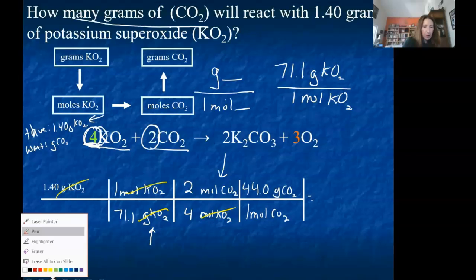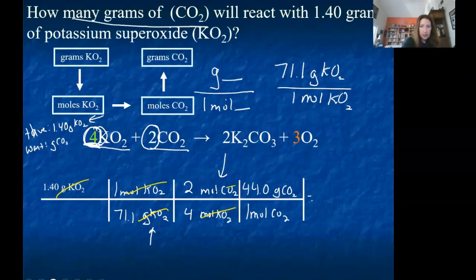Okay, cross off our units. And when we do this, we get 0.433 grams of CO2, right? And again, 3 sig figs, because we started with 3 sig figs.